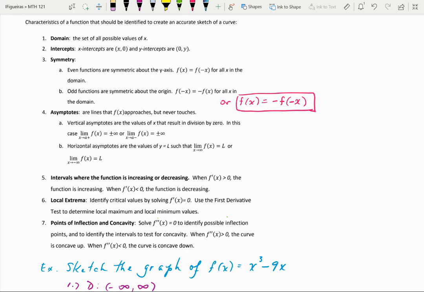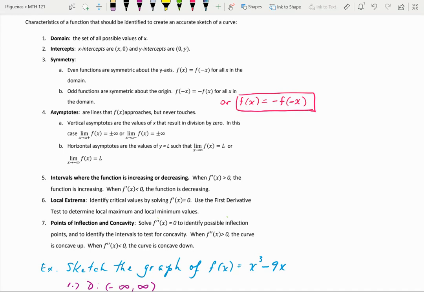So asymptotes. Not all functions have asymptotes, but if they exist, you'd want to identify them because then they would be represented on the graph with dotted lines to help guide your graph. Vertical asymptotes are values of x that result in division by 0. That can be shown by taking the limit as x approaches a from either the left or the right.